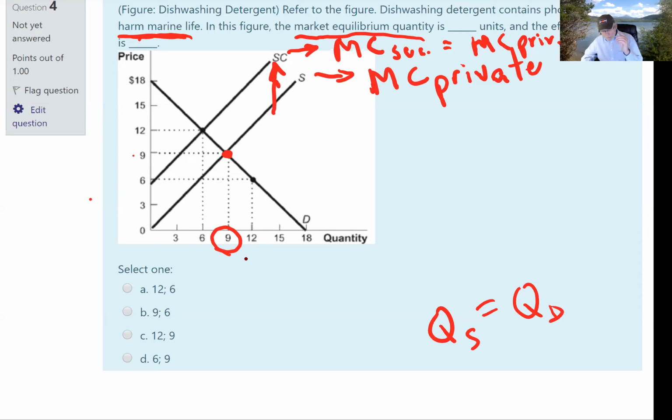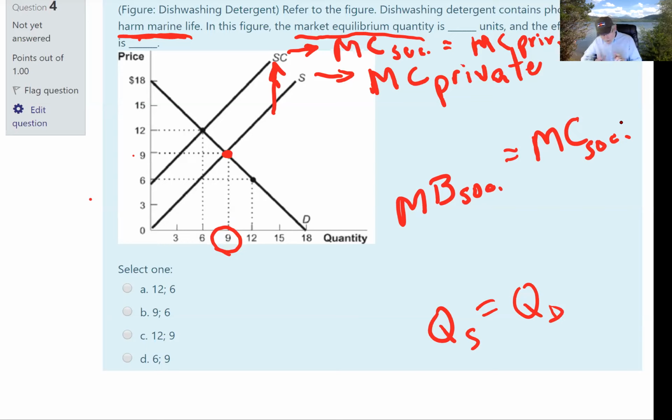Okay, but to find the efficient quantity, the efficient quantity is going to be where the marginal benefit to society, including all benefits, external and private, is just equal to the marginal cost to society, which is taking into account private cost and external cost.